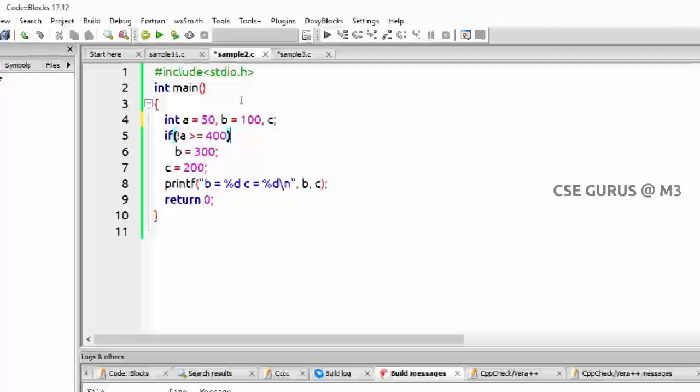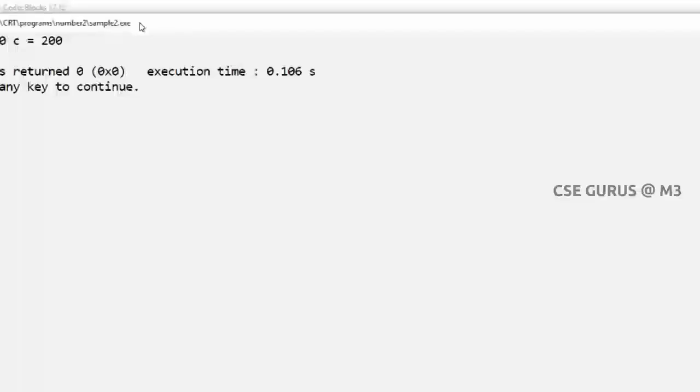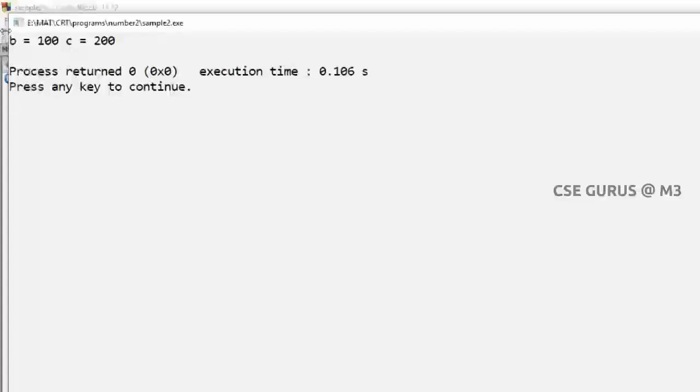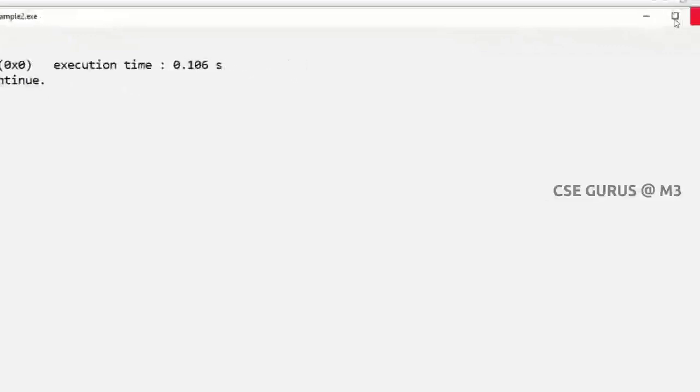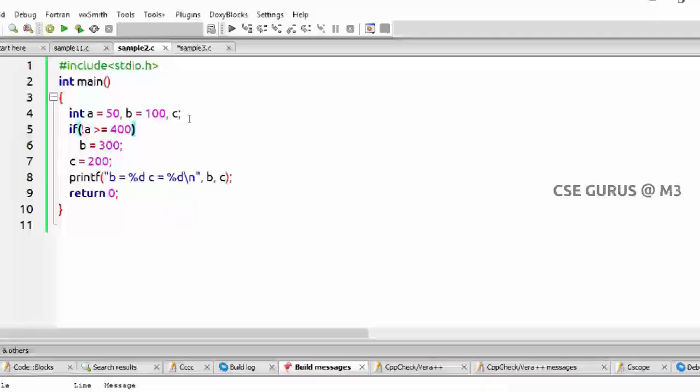So b value will be 100 as it is, a value will be 50 as it is. So now you can see the answer is 100 and 200. So b value is unchanged. So like this we have to consider, right?